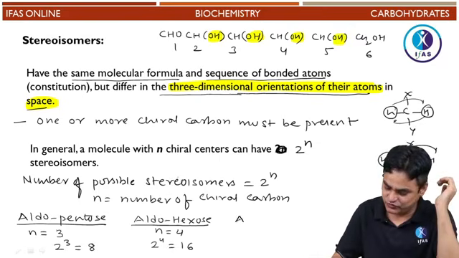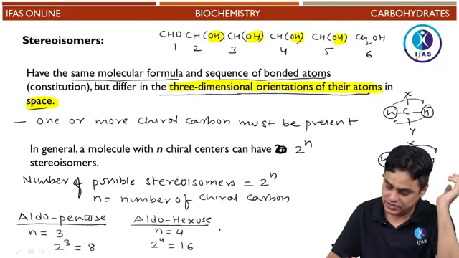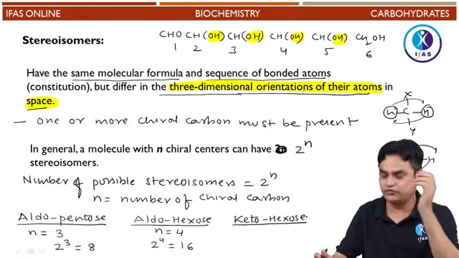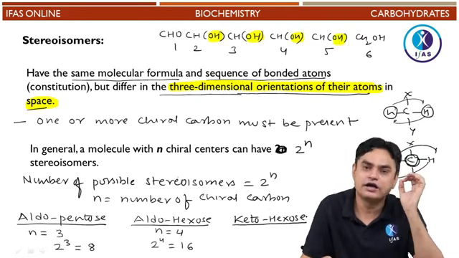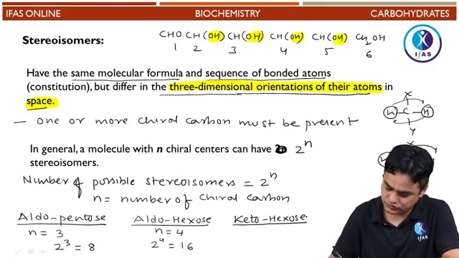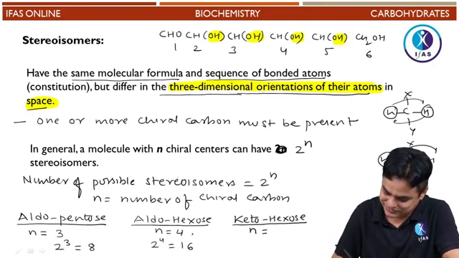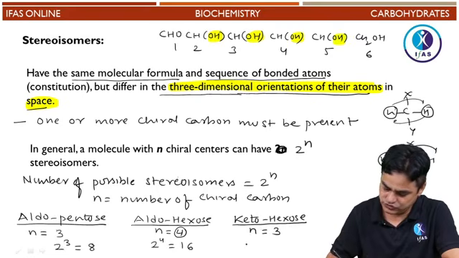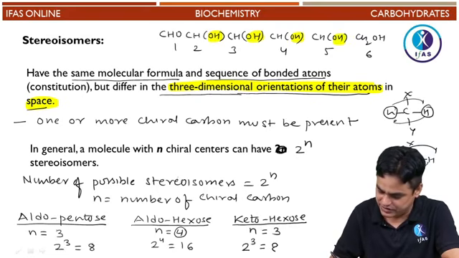Similarly, if someone asks you about a ketohexose like fructose, what would be the total stereoisomers of fructose? In ketohexoses, the number of chiral carbons would be 1 lesser than in the aldehydic sugars. So n is 3, and 2 raised to power 3 comes out to be 8.